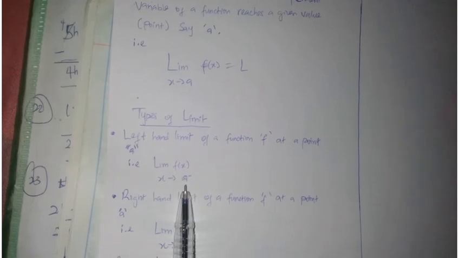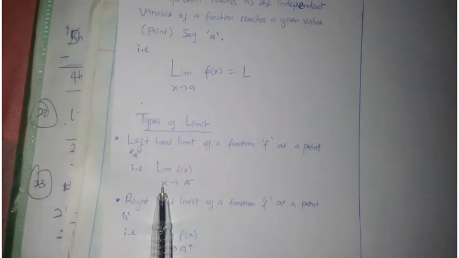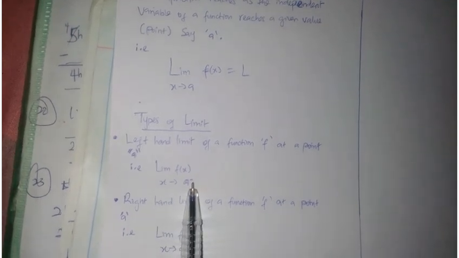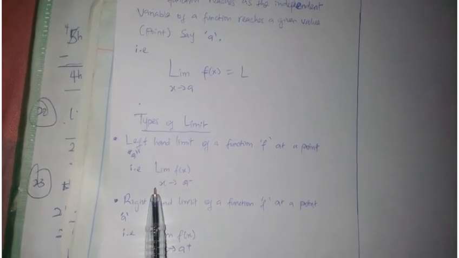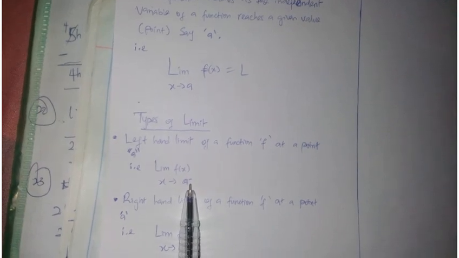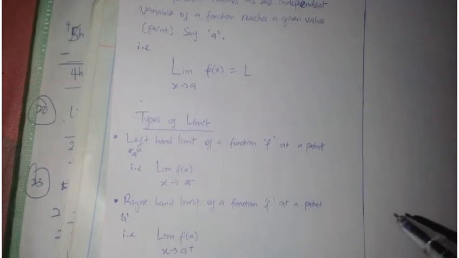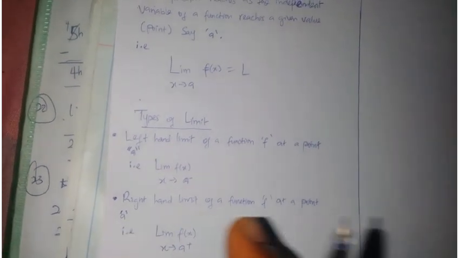Now, this means the values of x are approaching the negative side. Just like on our number line, we have 0, we have negative values, and we have positive values.